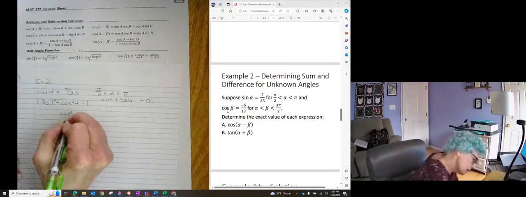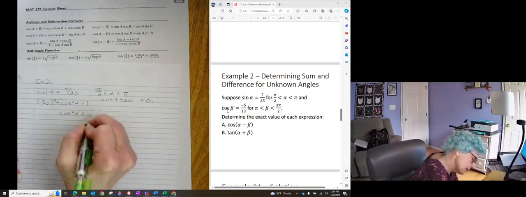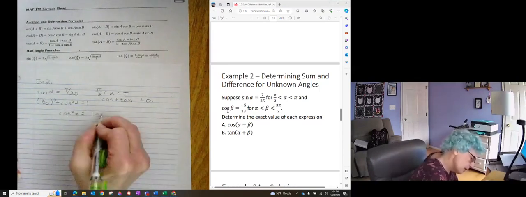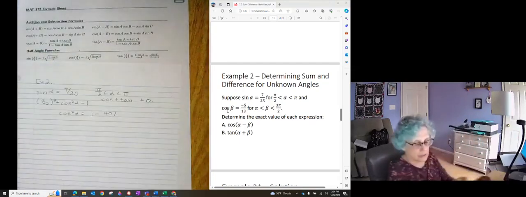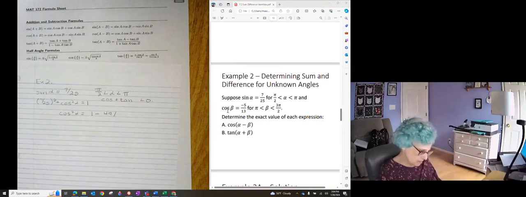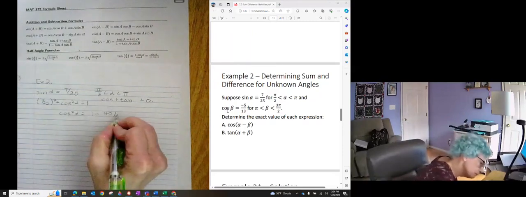So cosine squared of alpha is equal to 1 minus 49 over 25 squared. I should know this. 625, I believe. 25 squared, 625. How about that?